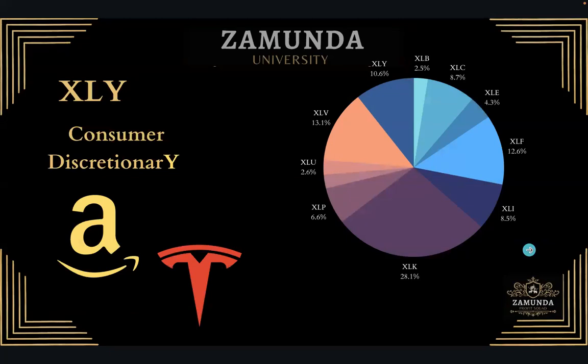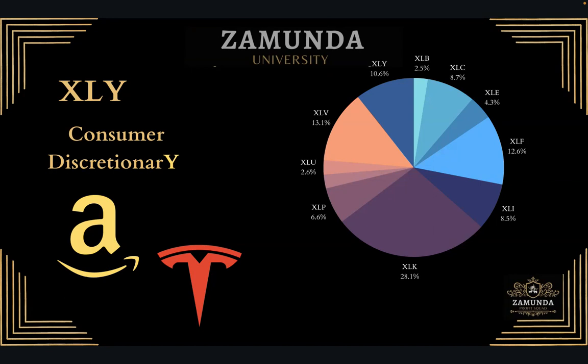And lastly, we have XLY. Now, XLY, I remember by consumer discretionary. Only way I can remember it. I don't know where they got the Y from, but that's how I remember it. So consumer discretionary, these are going to be all of your non-essentials. So Amazon, Tesla, Starbucks, pretty much whatever you spend your money on that you don't need, that's going to be your consumer discretionary.